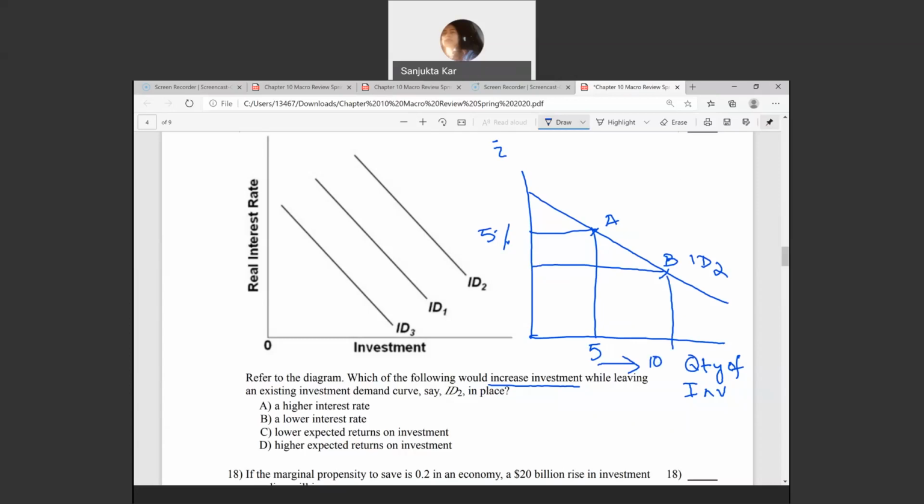My answer will be by lowering the interest rate. Be careful with these questions where they're asking for a shift and where they're asking for a movement. In this one, we had a movement along the investment demand curve.